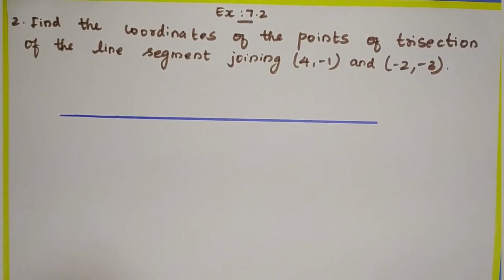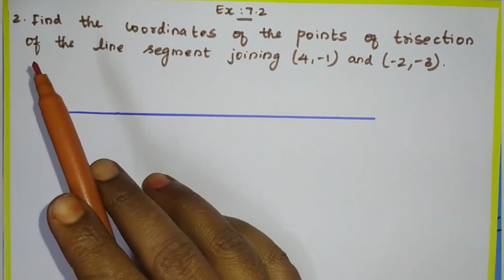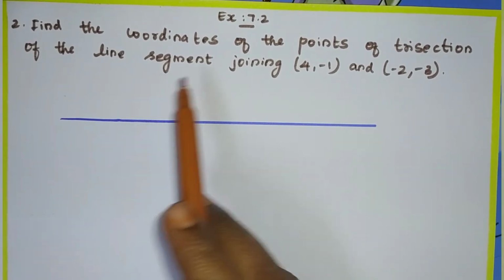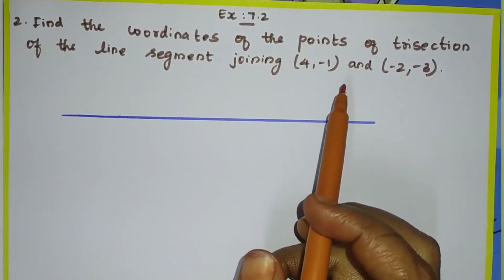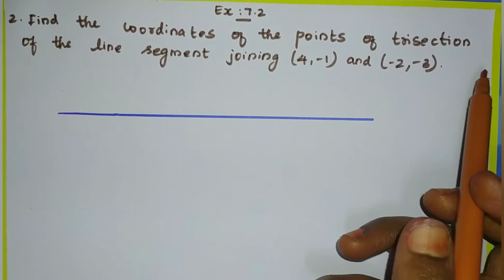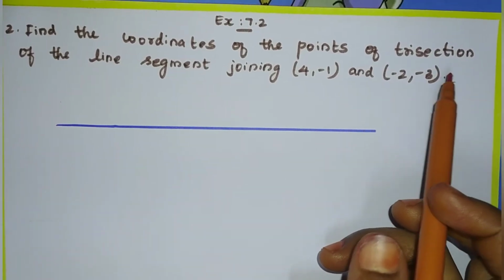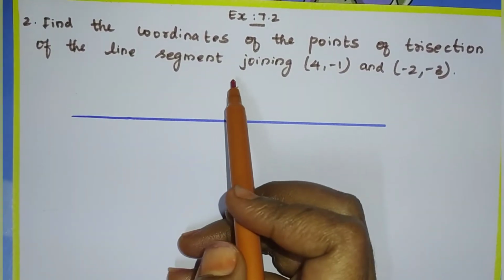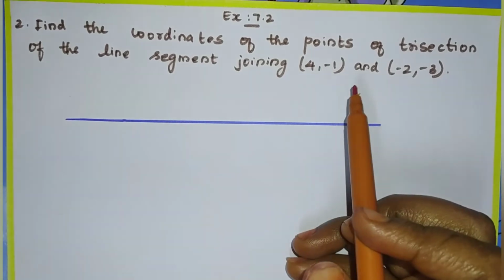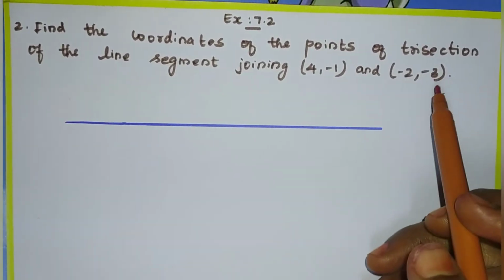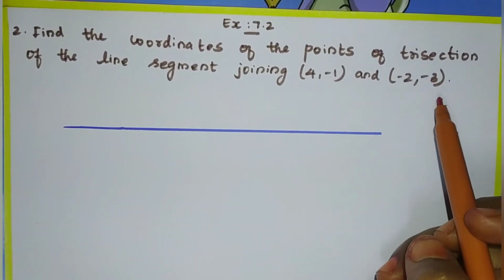Next, second problem. Find the coordinates of the points of trisection of the line segment joining 4 comma minus 1 and minus 2 comma minus 3.